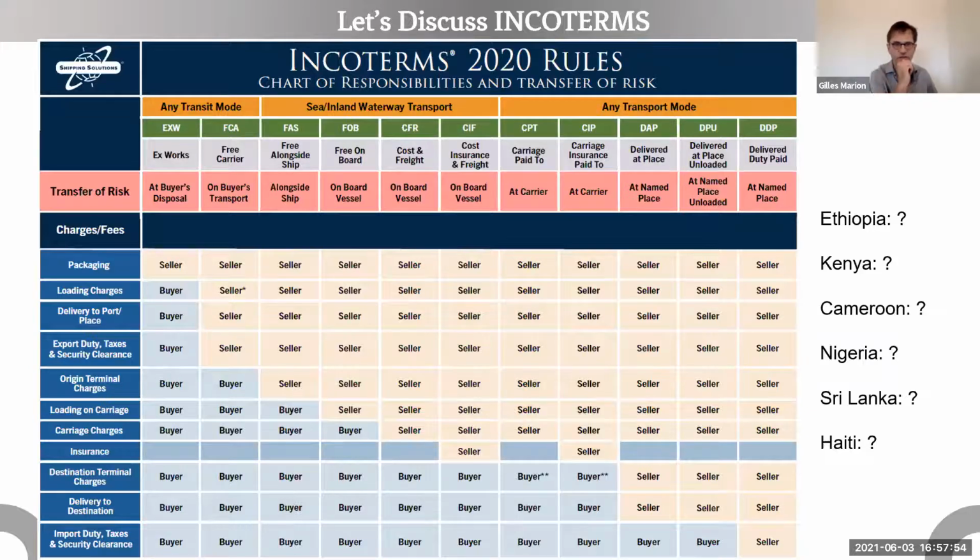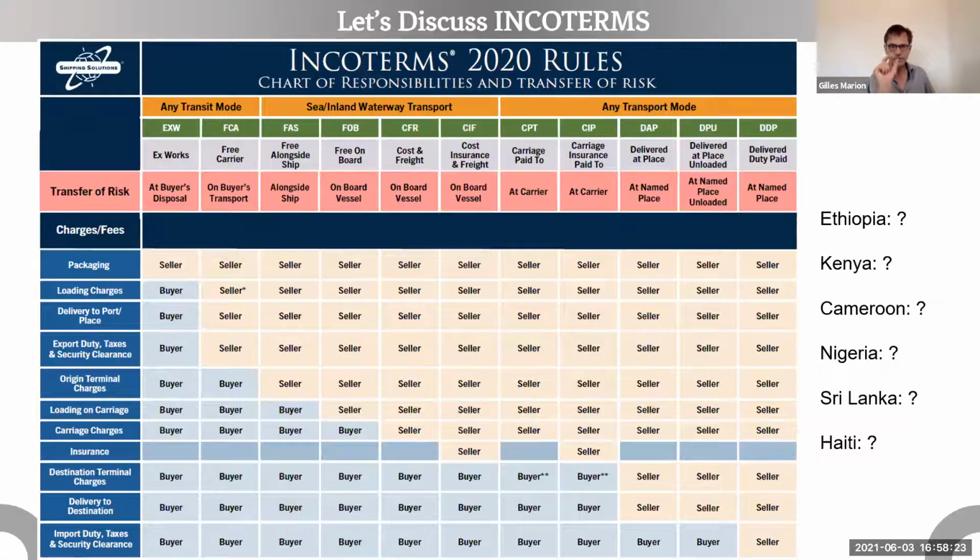You can see, for instance, if you look at sea and inland transport, the one which is CIF, which is very often used, where you have the specific line of insurance. Where does the insurance stop? You have all these questions about when the goods are being loaded on the boat, or when they are not.